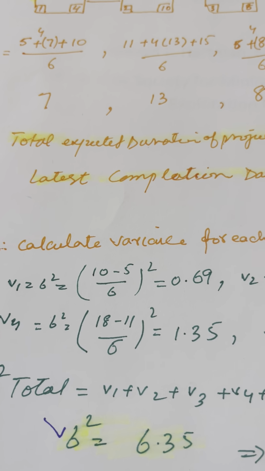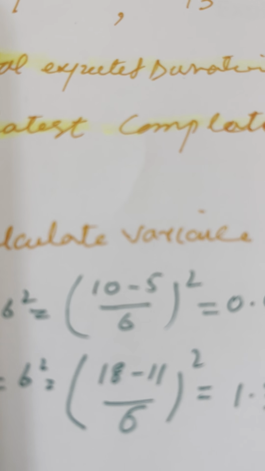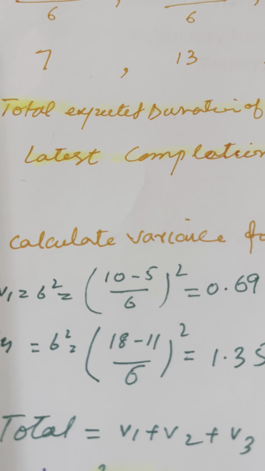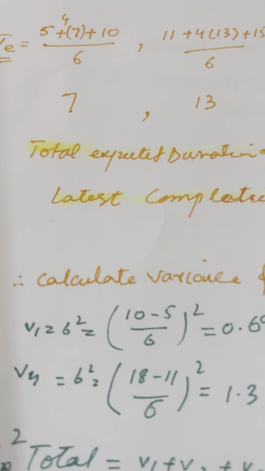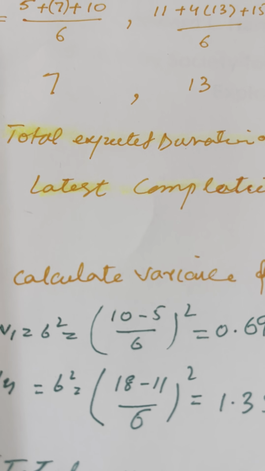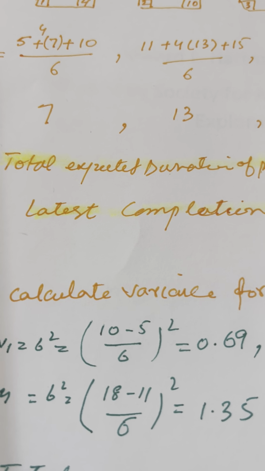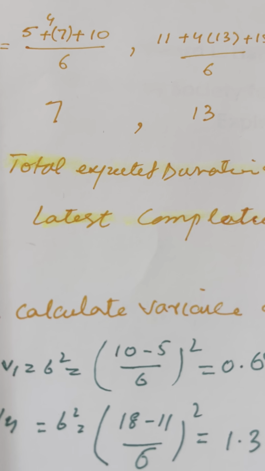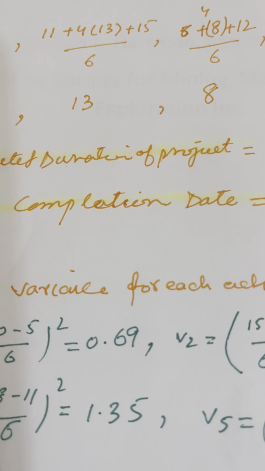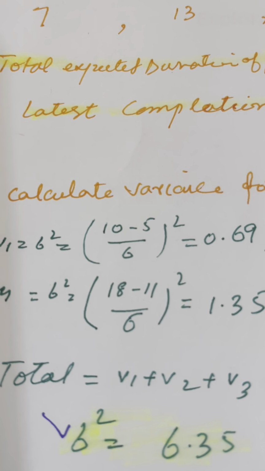Then I calculated the variance for each activity using the variance formula: pessimistic time minus optimistic time, divided by 6. Whatever you get from this, you have to square it. So this is 0.69, and then I add all these and I got the variance.